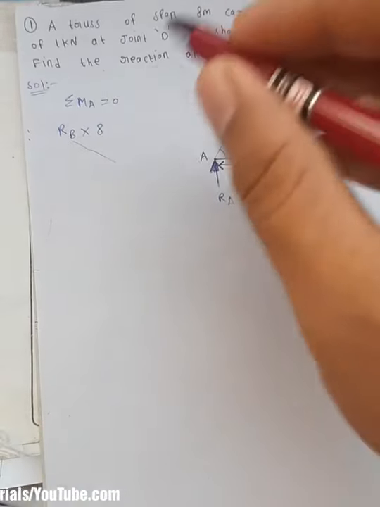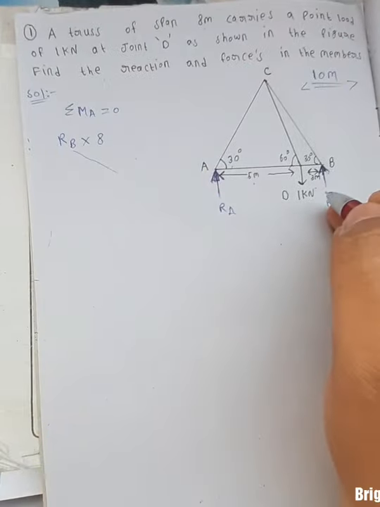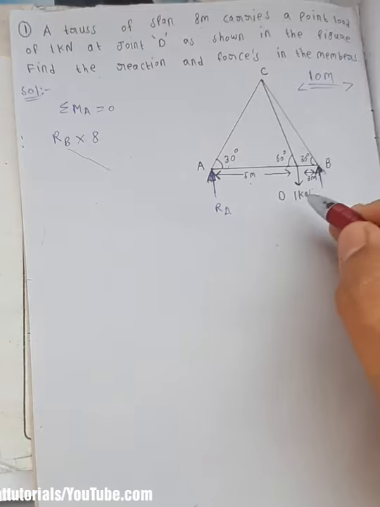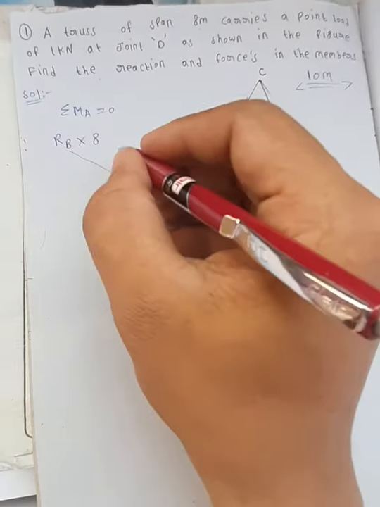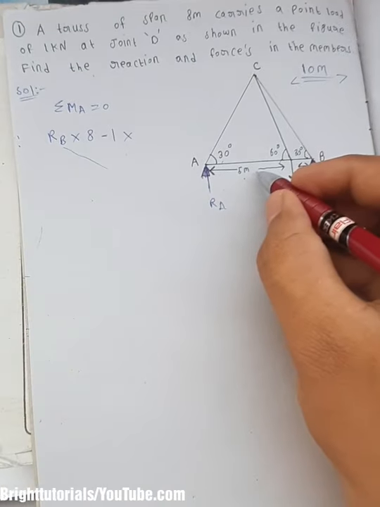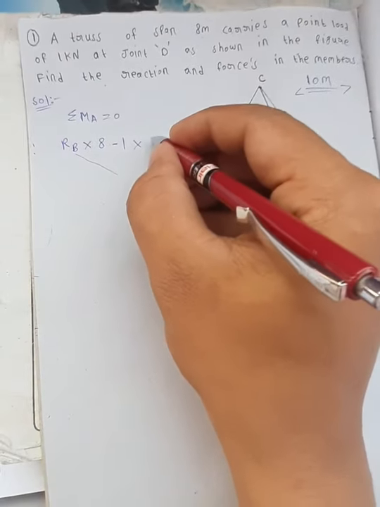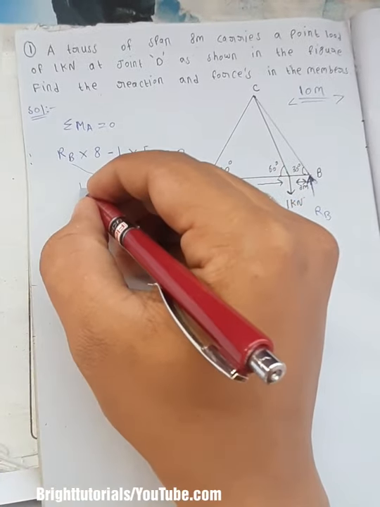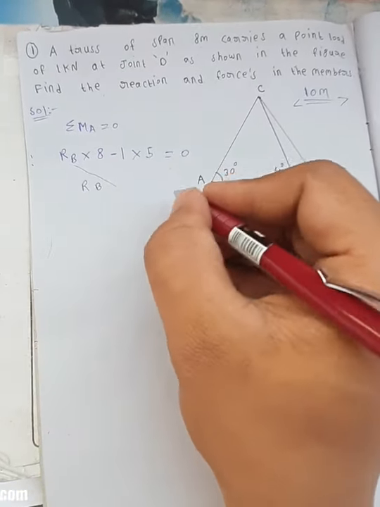It is clockwise. We are taking anti-clockwise as plus and clockwise as minus. So minus 1 into distance 5, force into perpendicular distance equals to 0. By solving this we can get the value of RB.